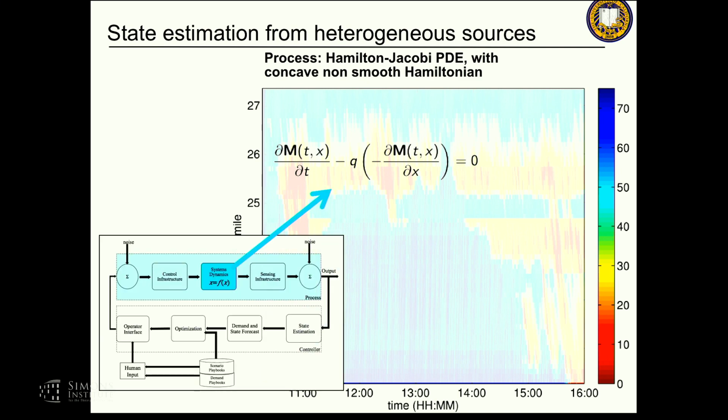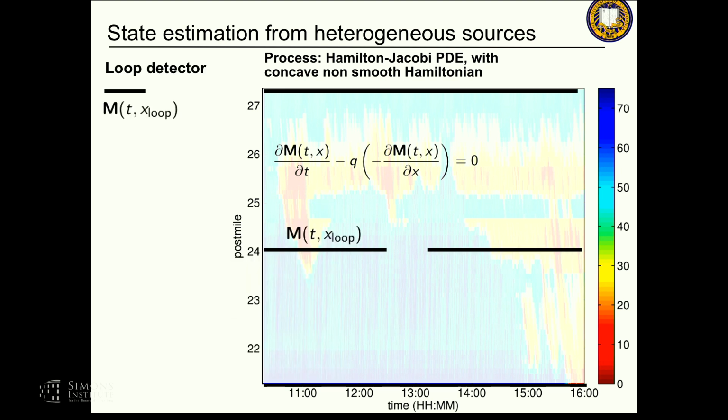And so essentially what you're saying by this is that the underlying dynamics of that system in that diagram I showed before is this Hamilton-Jacobi equation. And so doing inference here is essentially saying that you're sampling that function at a given location.